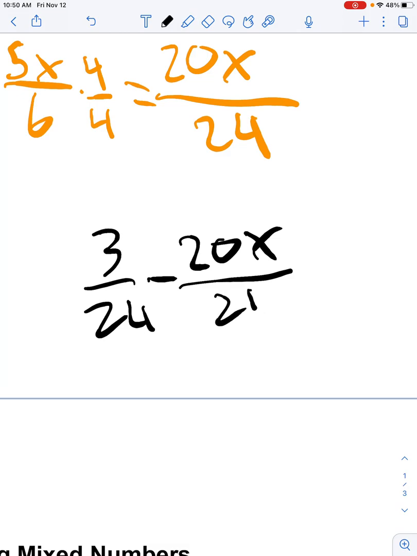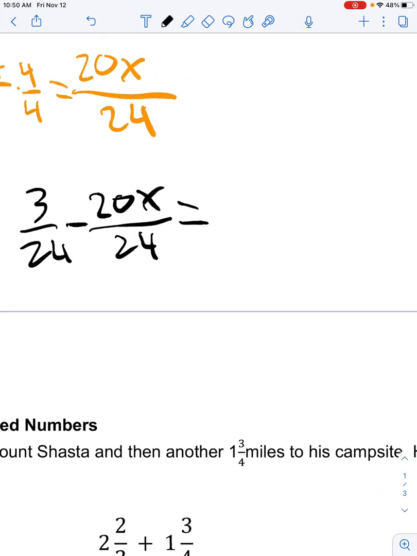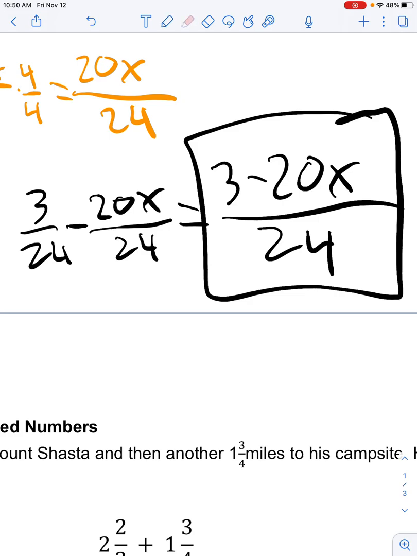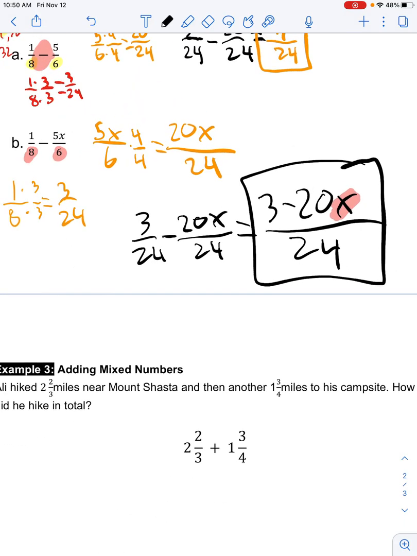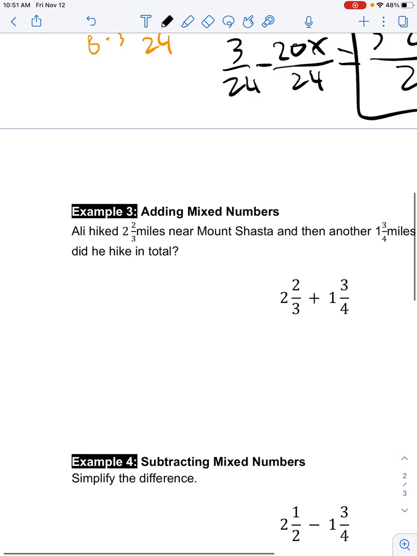So when I write this, 3 over 24 minus 20x over 24. All I can do is put them under the same denominator, but I can't do 3 minus 20x because I don't know what x is. Again, if we have something that we don't know what it is, we can't just make something up for it. So that's as far as I can go.